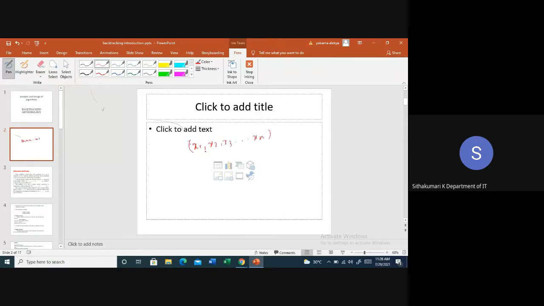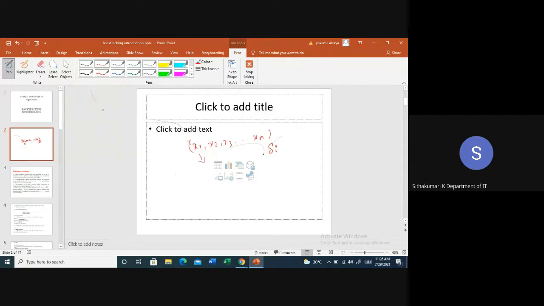And each xi value will be chosen from a finite set Si. Say Si is the finite set of elements. So each and every xi will be chosen only from that finite set Si.